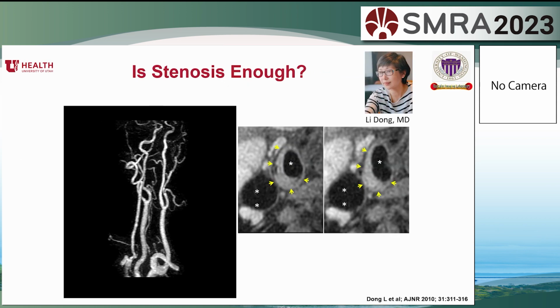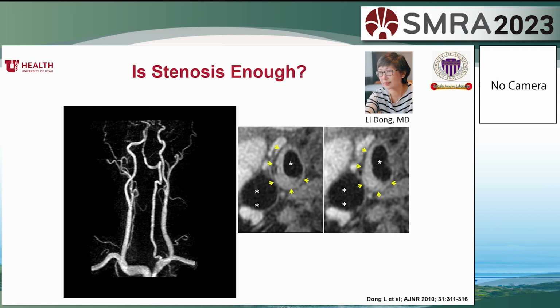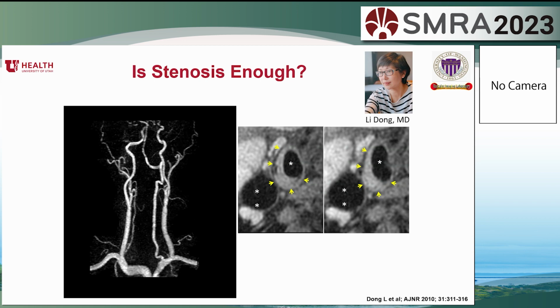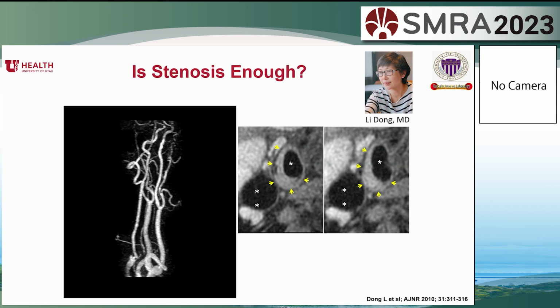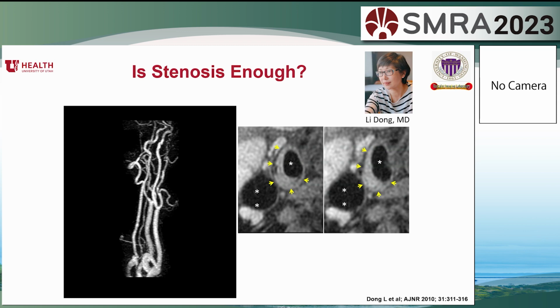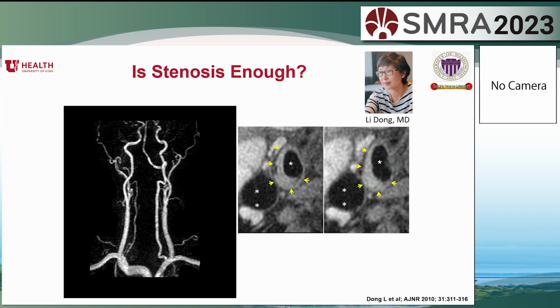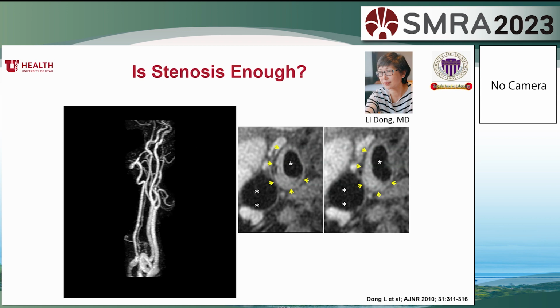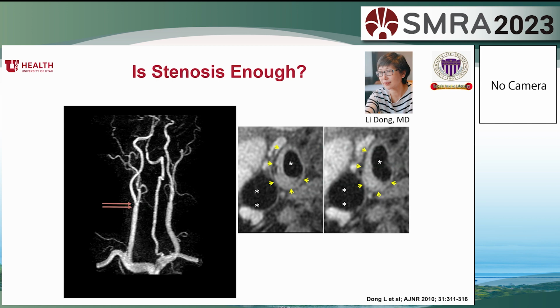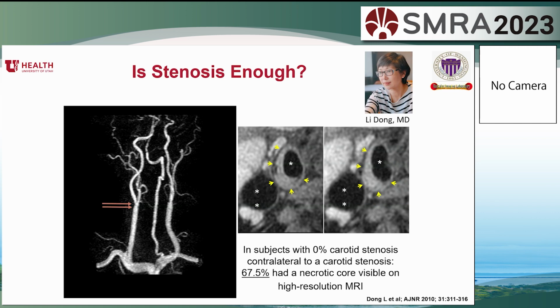Another work, and this is the question of if you have information of plaque burden and lesions, and also you have stenosis measurement, whether this leads into a question of whether there are lesions out there without stenosis. So Li Dong, who was a fellow in our lab at the time, did a study looking into the so-called contralateral side of carotid patients who already have advanced lesion on one side, and looking at the other side.